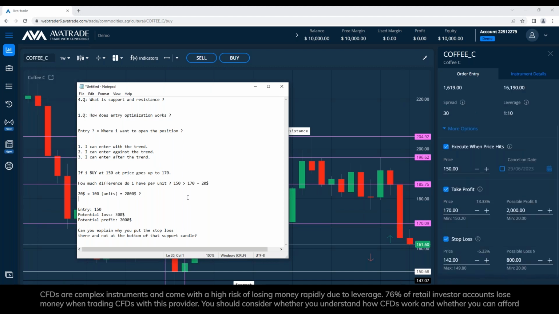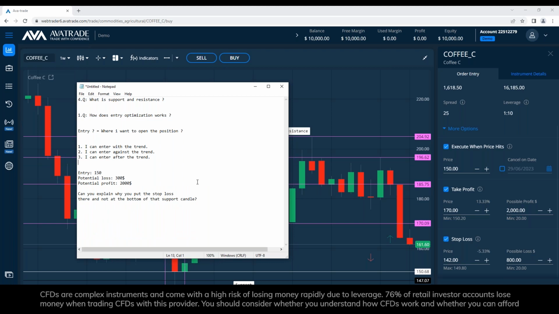Simon, you asked why I don't put it on the support line. Watch what happens when I move it to the support line. Am I losing 300? No. How much am I losing now? 800. 800 versus 300. 8% exposure versus 3% exposure.